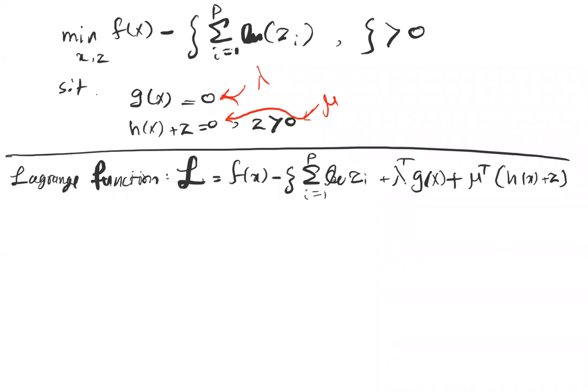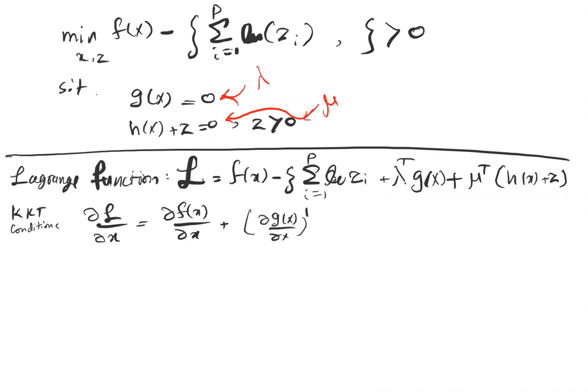Based on the Lagrange function, we simply write the KKT conditions. We have the derivative of L with respect to x, which is going to be the derivative of f of x with respect to x, plus our equality constraint multiplied by lambda, plus our inequality constraint by mu.